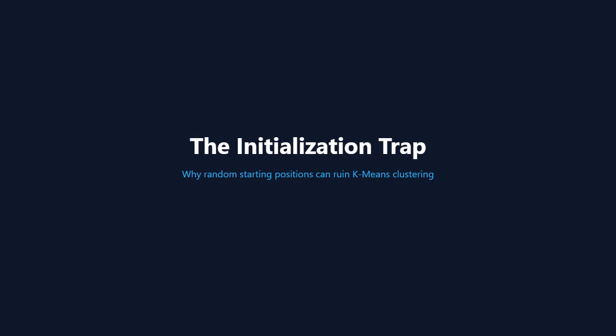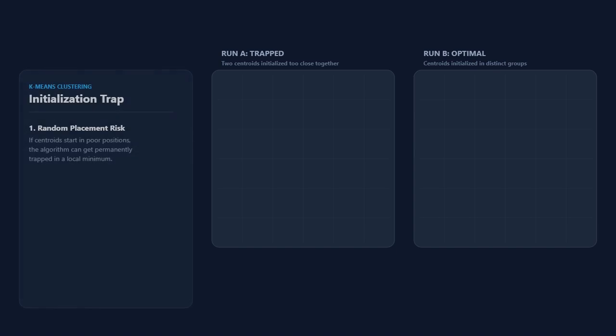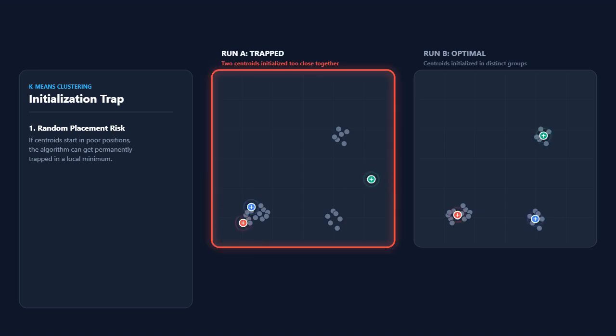As beautiful as this algorithm is, it has a fatal flaw. It is called the initialization trap. Remember step 1, where we drop the centroids completely at random. What happens if we get really unlucky, and 2 centroids are randomly dropped right next to each other, while the third centroid is dropped a million miles away?